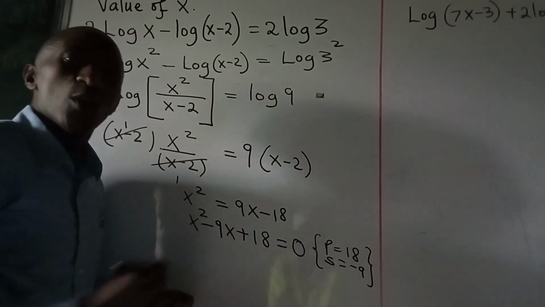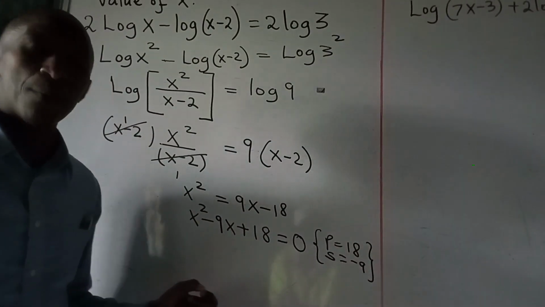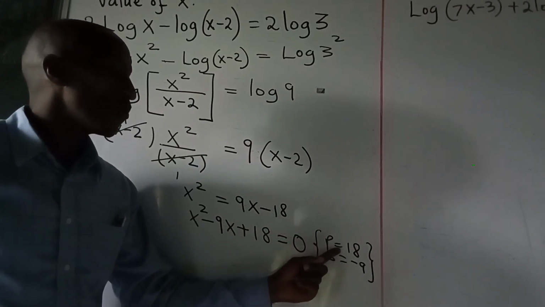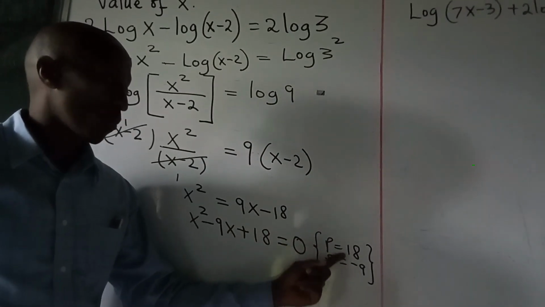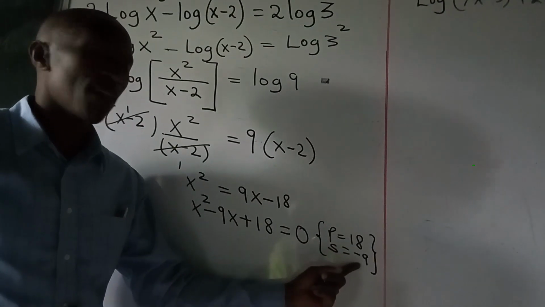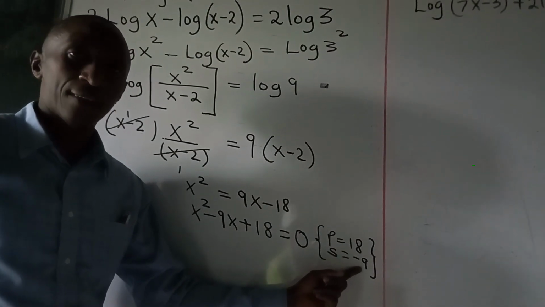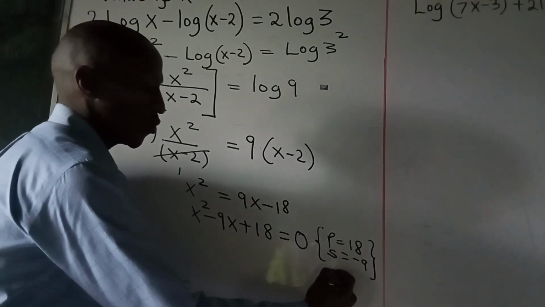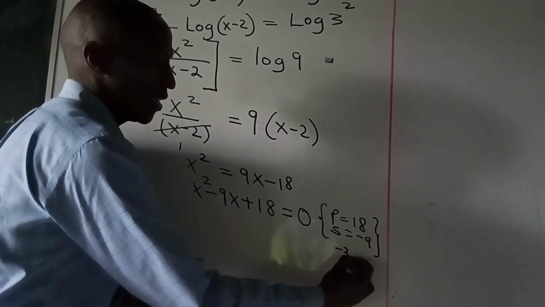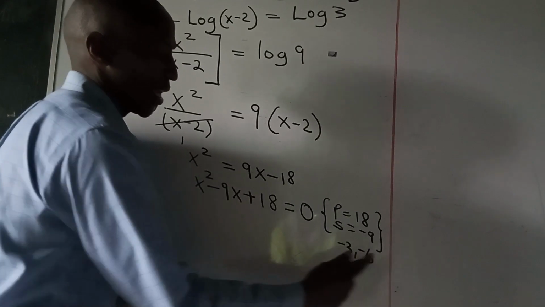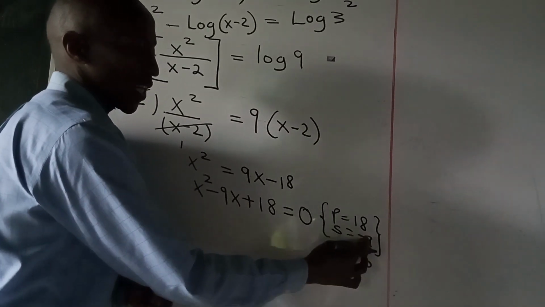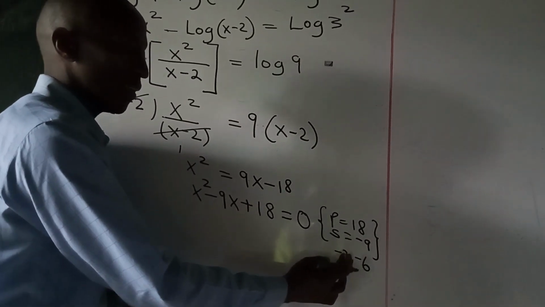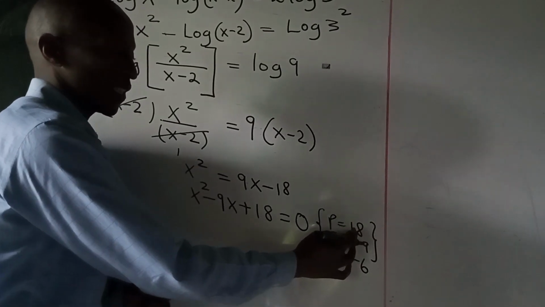So viewers, we need to look for this kind of numbers. Which two numbers shall we multiply and get positive 18, and when we add them, we get negative 9? So we look through this and we get the suitable numbers are negative 3 and negative 6. When we add the two, we get negative 9. When we multiply the two, we get positive 18.